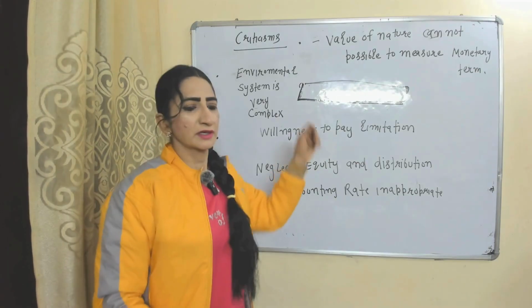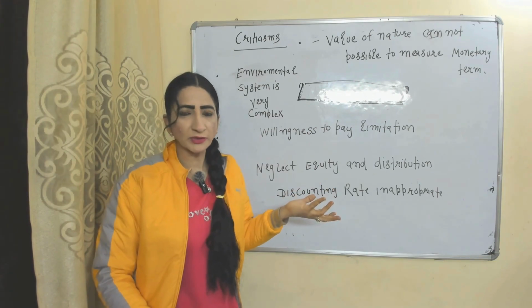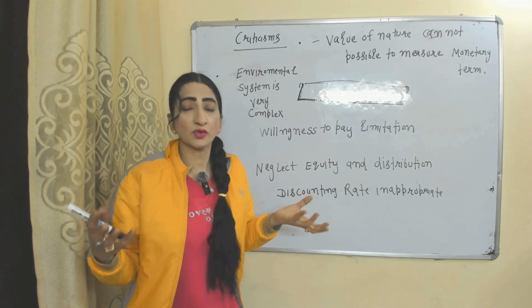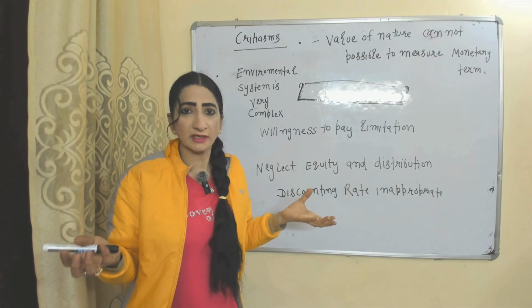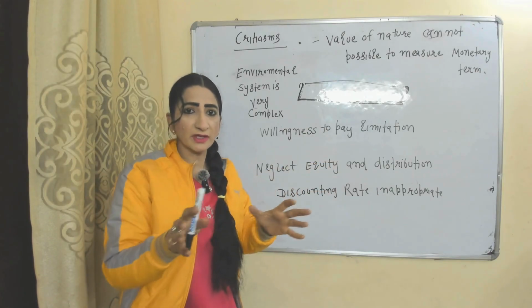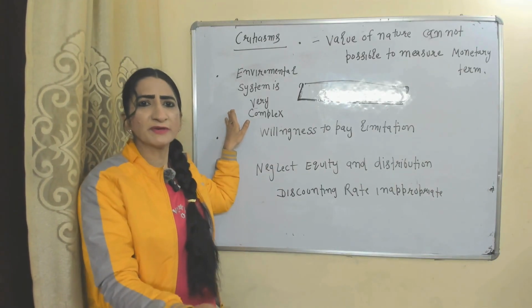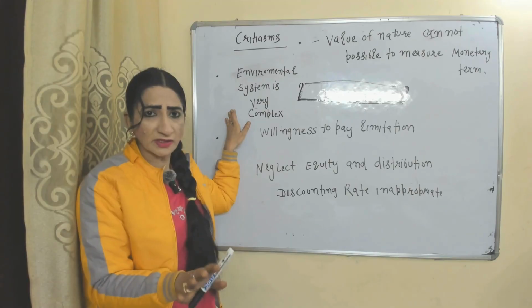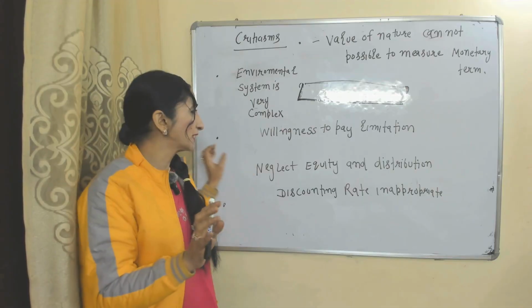Criticism. According to this, we should assign monetary value to environmental goods, but there are so many environmental goods to which we cannot assign monetary value. It is impossible to measure all environmental goods in terms of money. This analysis just simplifies complex environmental systems, but in reality, environmental systems are not so simple.